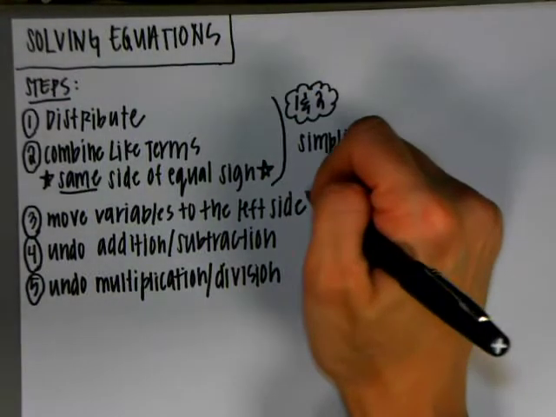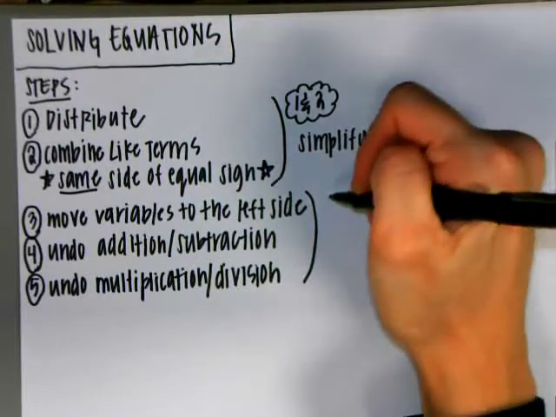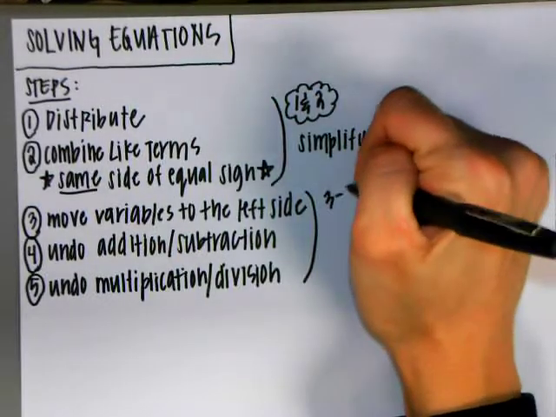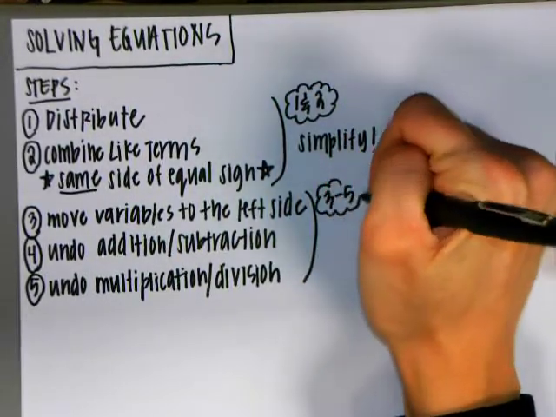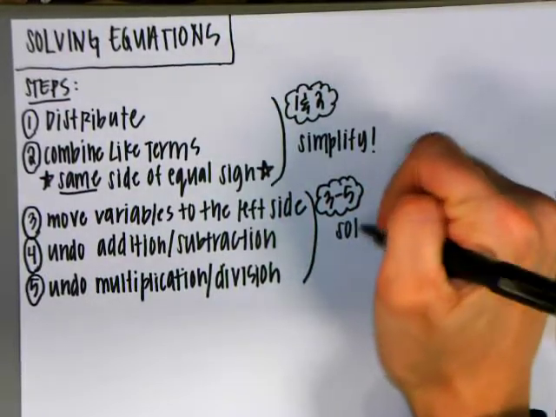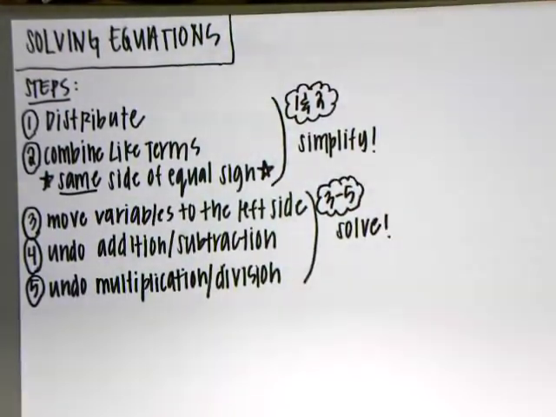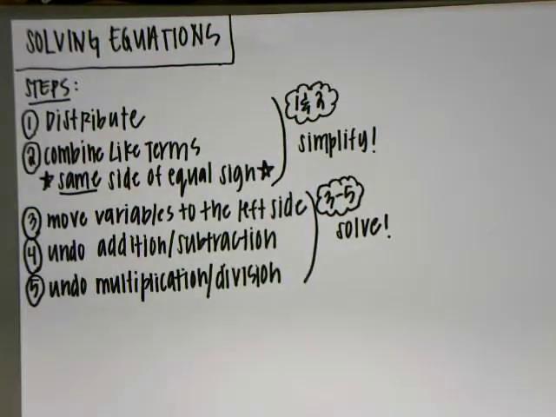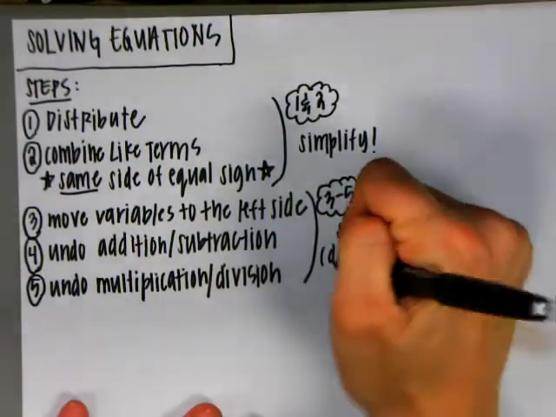So those 3 steps are your solve steps. When you're doing those 3 steps, that's when you're going to do the inverse, which we'll talk about what that is in a second.